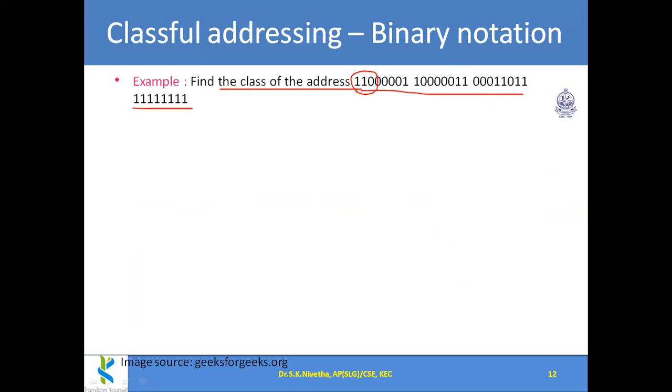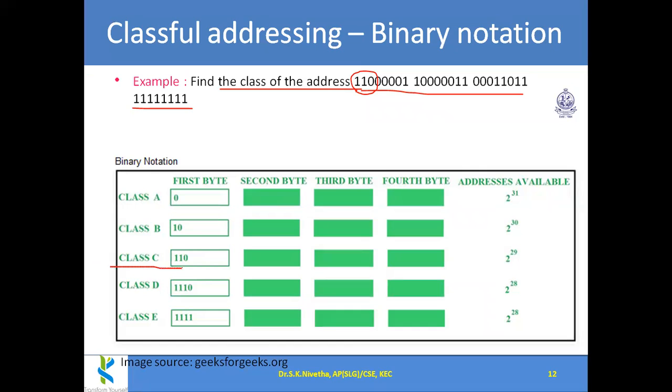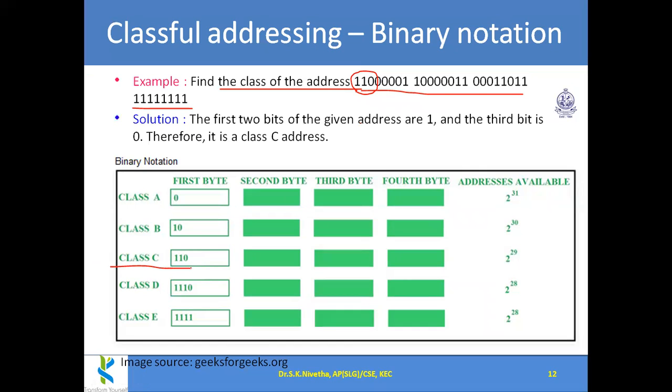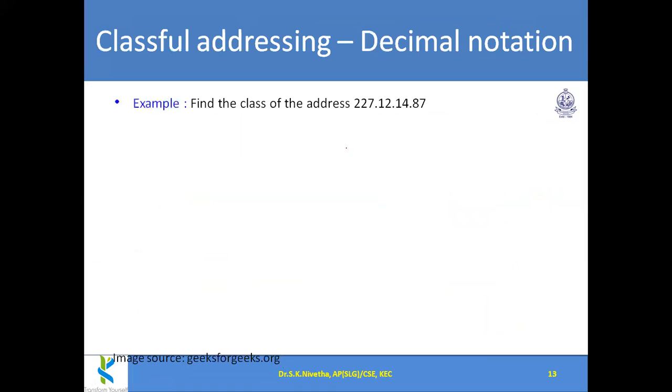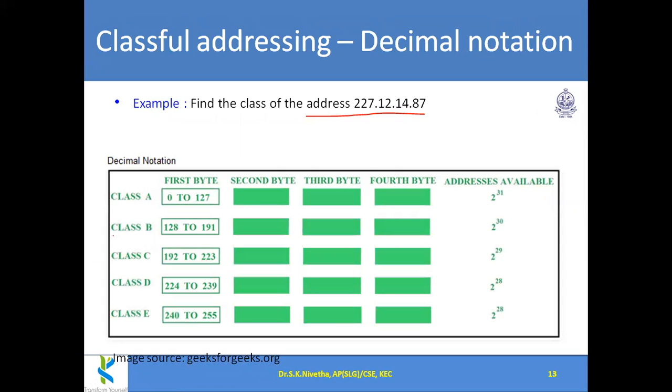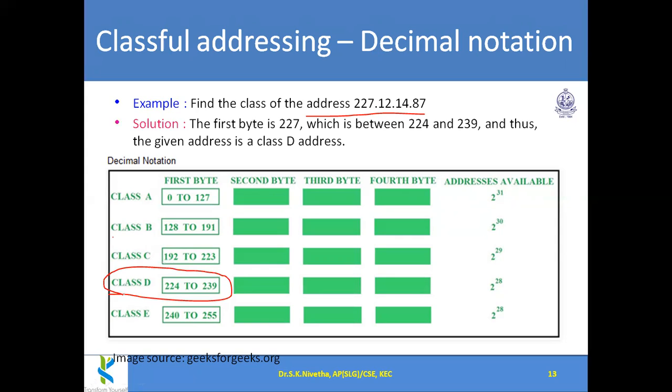We could guess which class 110 belongs to: 110 belongs to class C. So this is class C. Now, in decimal notation, if we have to find the class of the address 227.12.14.87, then 227 comes under this group, so we could conclude that it is a class B address.